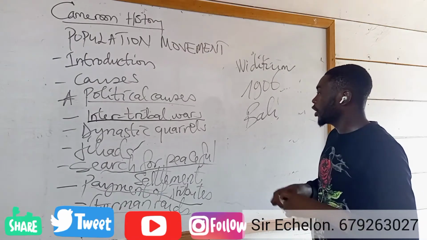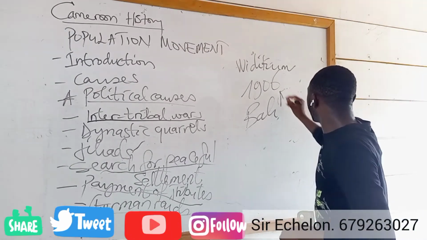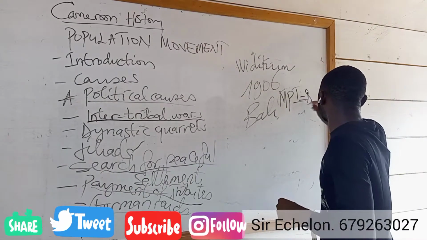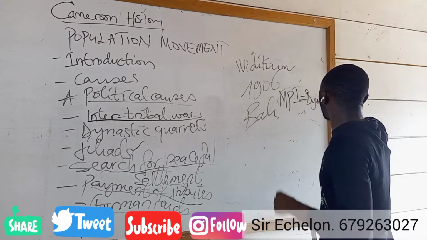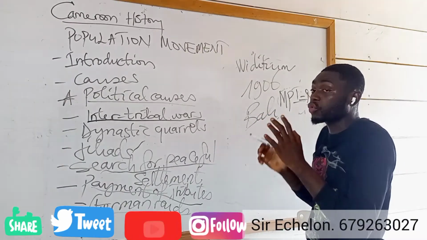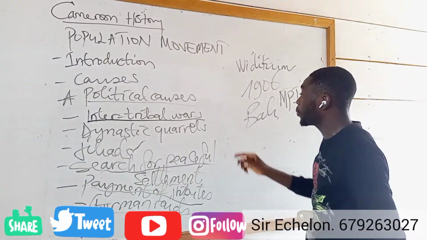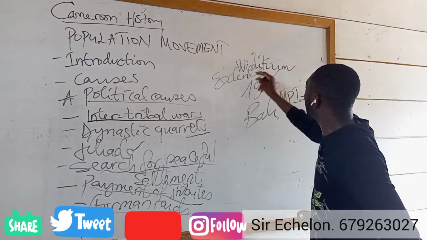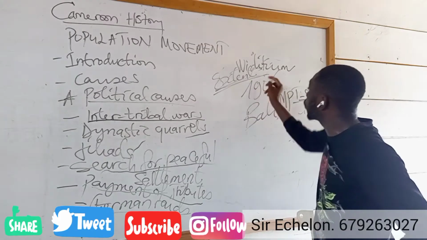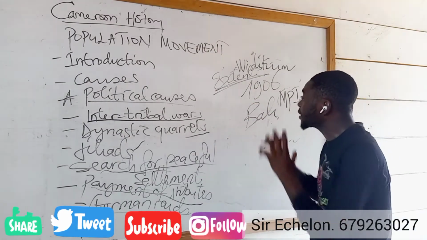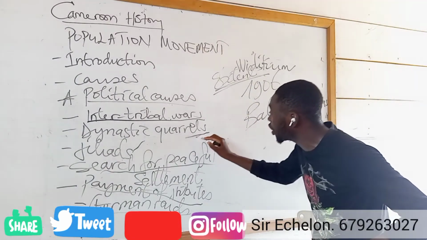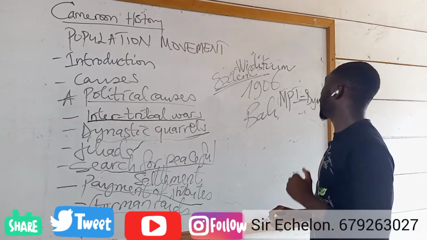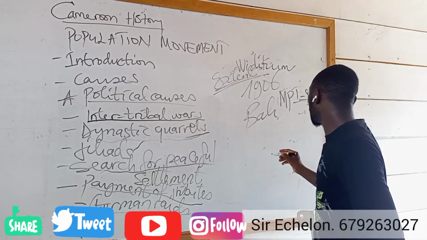In that question, main part 1 (MP1) will expatiate on dynastic quarrels and how they contributed to the migration of tribes in 19th century Cameroon, because when you see a question like to what extent in Advanced Level History, it is a two-sided question. So our first part will expatiate on dynastic quarrels, how they contributed to the migration of people in 19th century Cameroon.